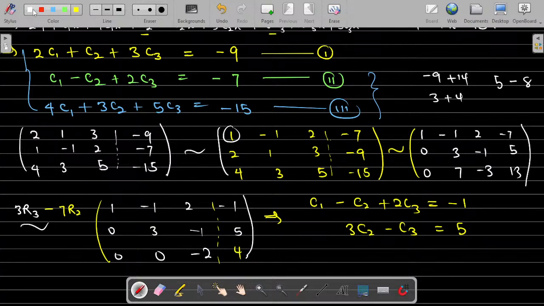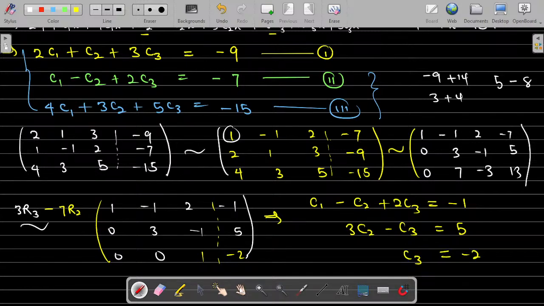You are allowed to divide when it comes to row reduction. Once there is a common factor, you can divide to make your work easier. So if I divide through by minus 2, I get minus 2 over minus 2 is 1, and 4 over minus 2 is minus 2. That helps my work. So if I now multiply through, C1 will be 0, C2 will be 0, and this is just going to be C3 is equal to minus 2.